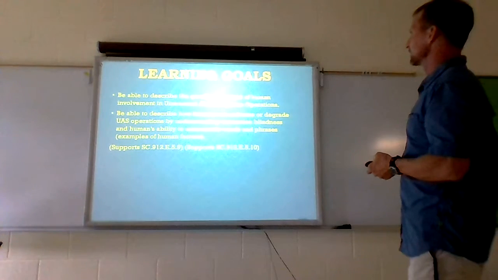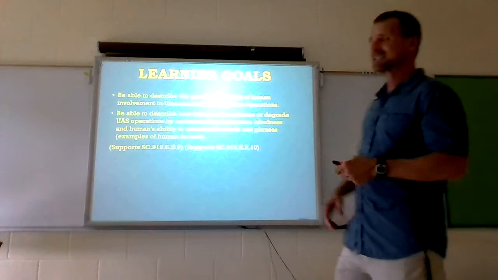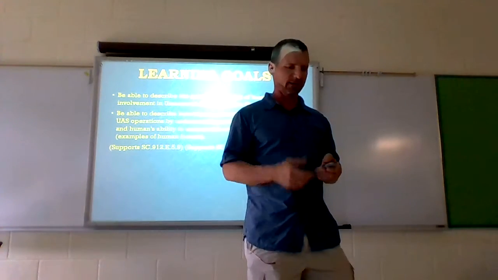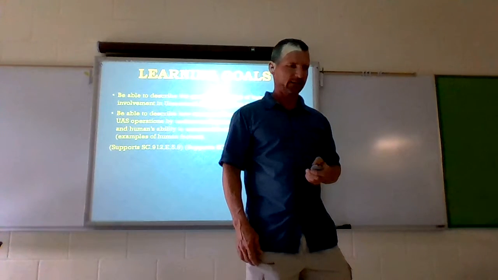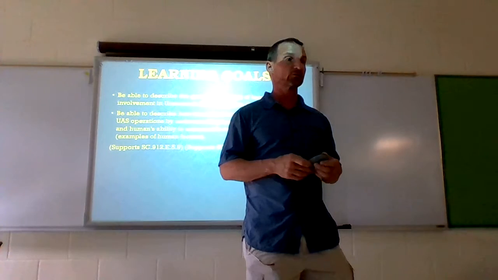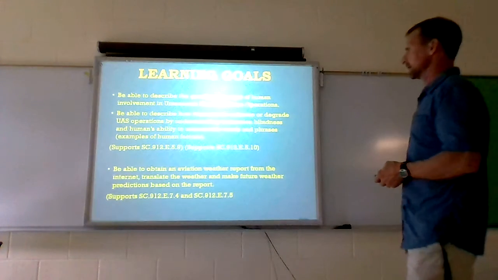But also be able to describe the human's ability to unscramble words and phrases. That's a positive. There's several positive factors, but this was one of them I came up with, that humans do things a little bit different than, we can do some things that computers can't do. We'll talk about that here shortly.